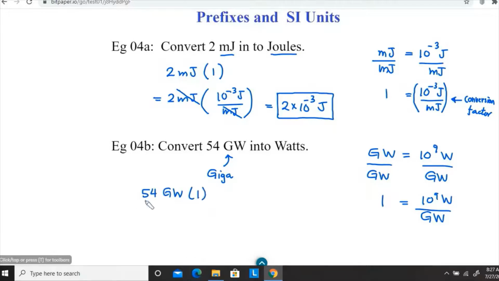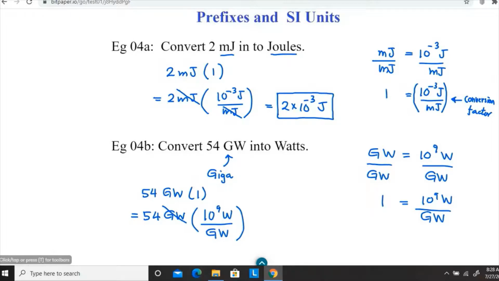times 1. It does not change anything. And in the second line, I'm going to substitute for that 1 the required conversion factor for this particular conversion. That is 10 to the power 9 watt divided by gigawatt, which means 1 gigawatt is equal to 10 to the power 9 watt.